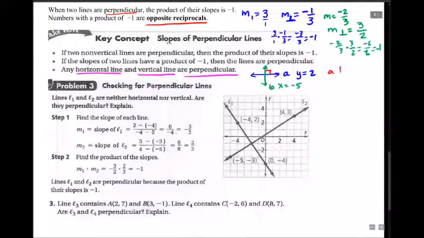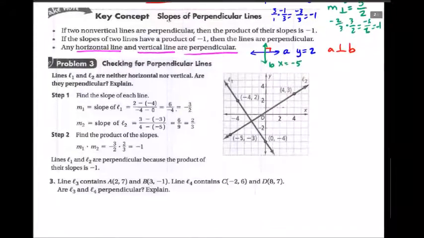We will be able to say that A is perpendicular to B. So any horizontal and any vertical line will always be perpendicular. Just like two horizontal lines are always parallel, two vertical lines are always parallel, a horizontal and vertical line will always be perpendicular.